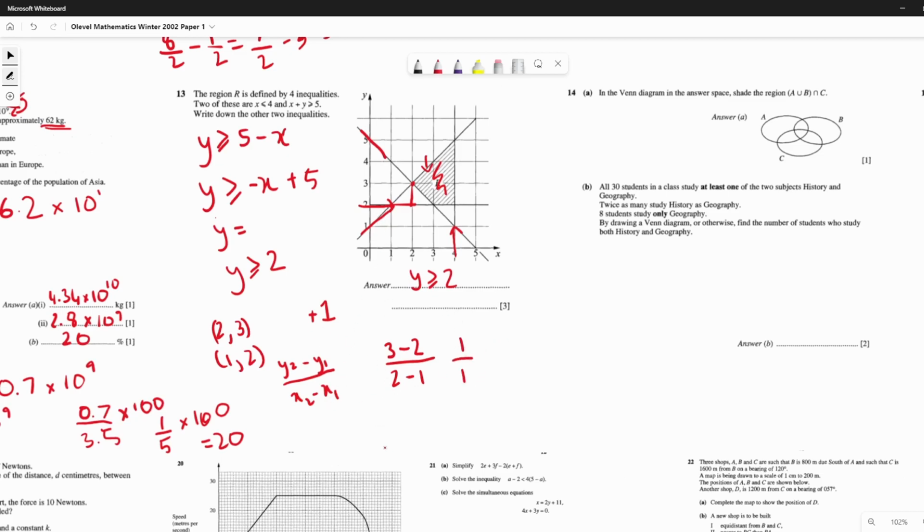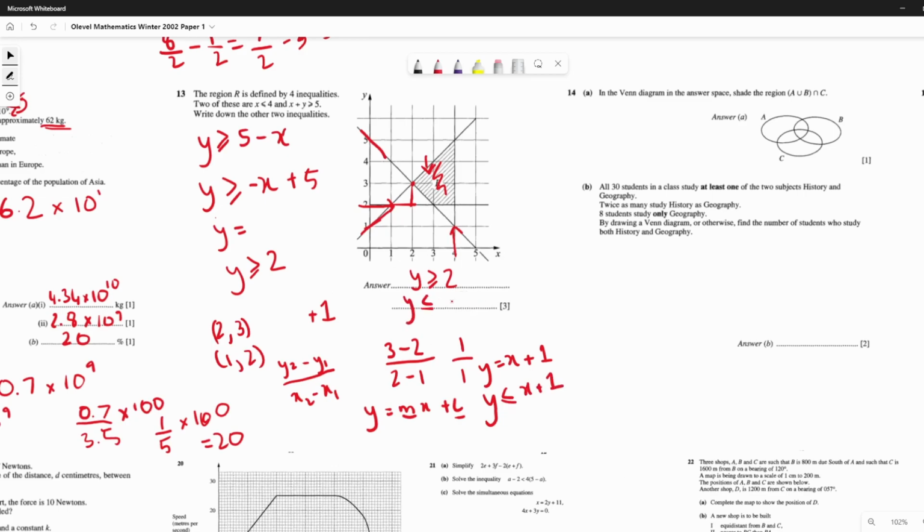So we have our gradient, and if we just put it into the form of y is equal to mx plus c, where m is the gradient and c is the y-intercept, which is 1, we will simply get y is equal to x plus 1. However, because it's lower than that, it should be y is less than or equal to x plus 1.